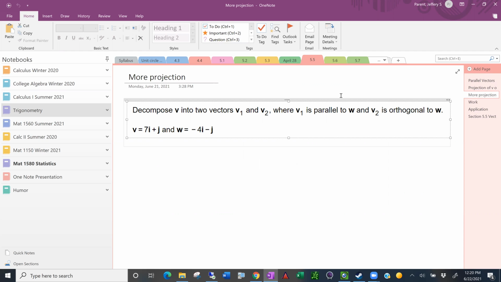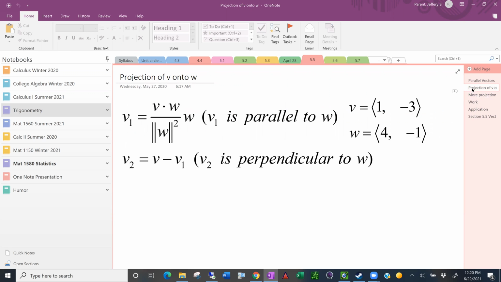I want to decompose vector V equals 7i plus j into vectors V1 and V2, where V1 is parallel to W and V2 is perpendicular to W. All right, so let's look at this formula for ourselves.